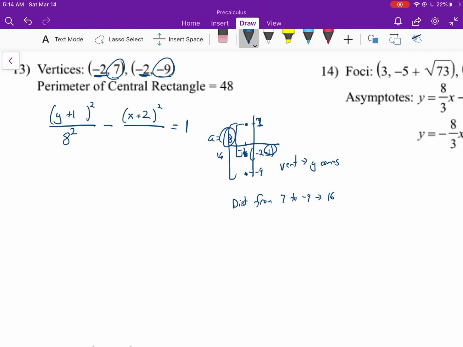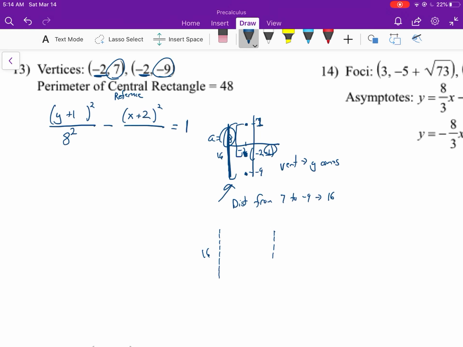Here it gives us the perimeter of the central rectangle, or I've been referring to this as the reference rectangle. So if that is 48. I could draw it in this figure here, but it's pretty messy already. So let's just sketch this again. So we're going to have 48, but we know this length is 16. So we have a 16, and we're going to have a 16 somewhere else.